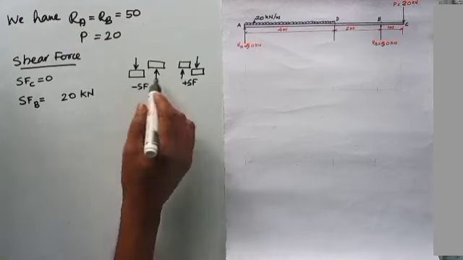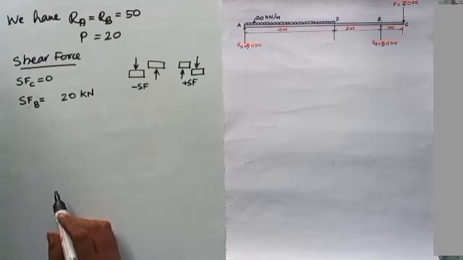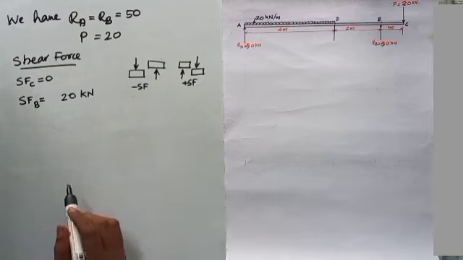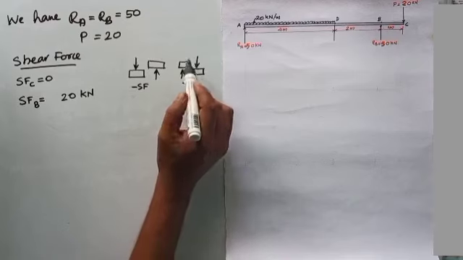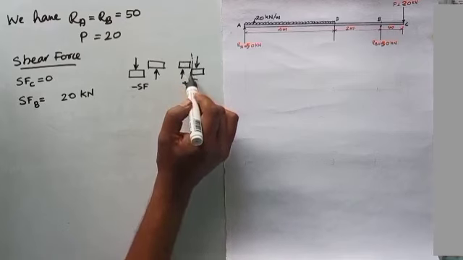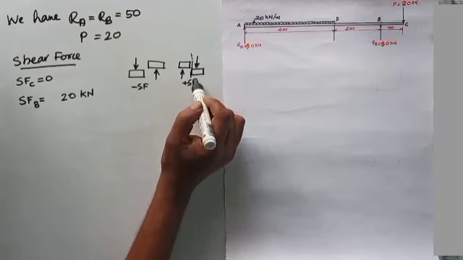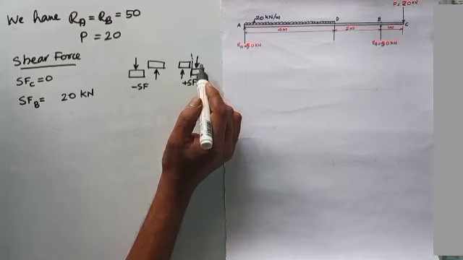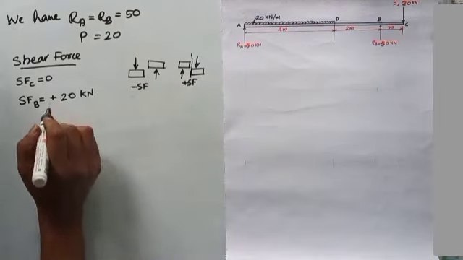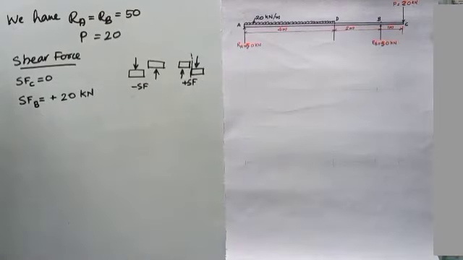Considering these two signs, we can easily see that the sign to be used for the shear force is this one, because here the center line is the section, and this load is in the right side of that section acting downwards. So 20 kilonewton will be positive. This is the value of shear force at B.